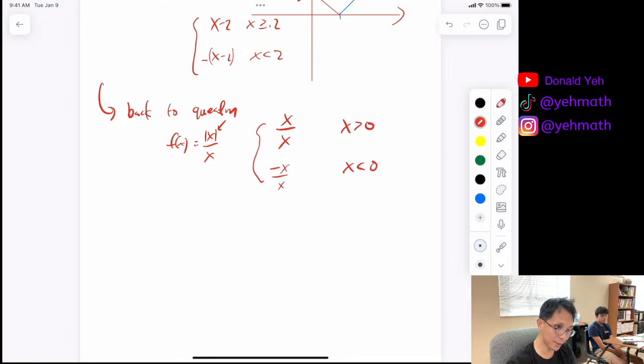Now I can obviously simplify this. I can say this is 1 when x is greater than 0, and this is negative 1 when x is less than 0. Don't pay attention to the greater-than-or-equal-to in this case, because it doesn't really matter; neither includes 0, because you cannot have 0 over 0.